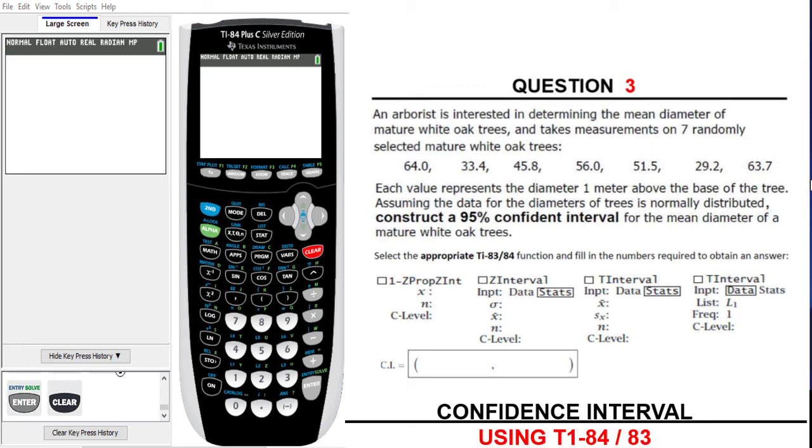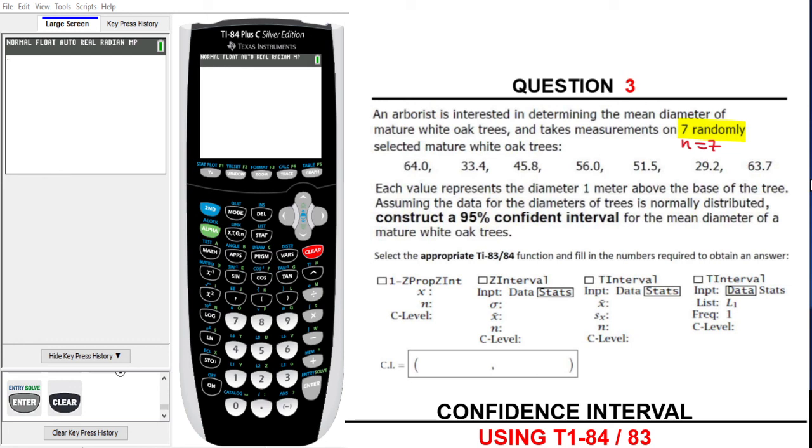So note here that they're giving us some information about the sample size, which is 7. So our sample size n is 7. Now they have also given us the raw sample data, all the 7 raw sample data.